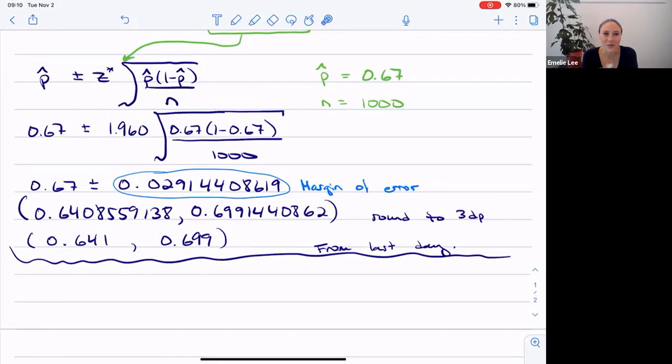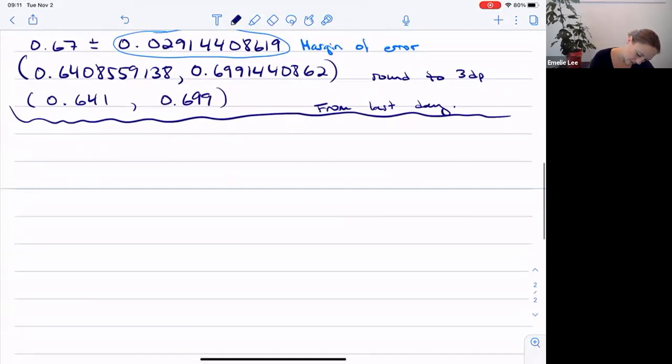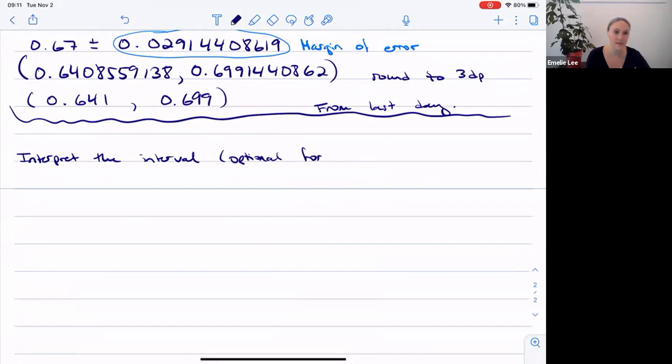Now we have to interpret this interval. We are doing a hypothesis test, but it helps if we start interpreting these intervals. Interpreting the interval is optional for hypothesis testing, but it doesn't hurt to get some practice.